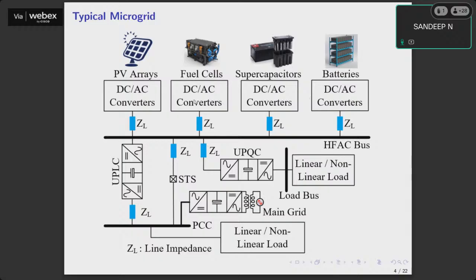At one point of time, they have to convert the power available on the DC side and push it onto the AC grid. And this is possible only by inverters. So that means in a microgrid, one of the indispensable parts, something we cannot take away from the microgrid when we have sources like PV, fuel cell, or battery, is the inverter.